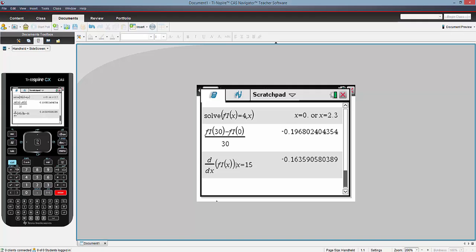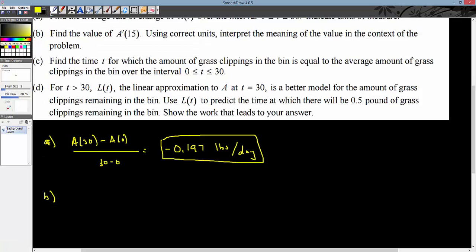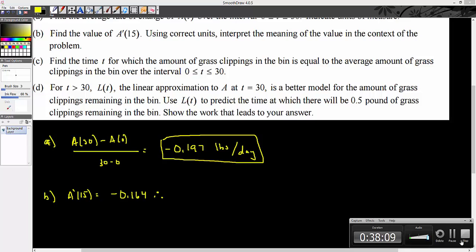So if we're going to round to 3 decimals, we're going to say that A prime at 15 is going to equal negative 0.164. So we can say, therefore, let me pause this real quick so I can type out the answer.